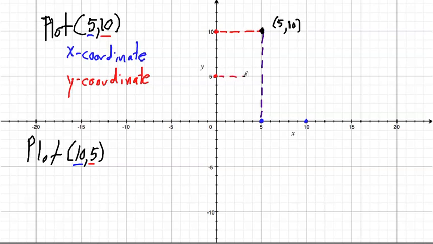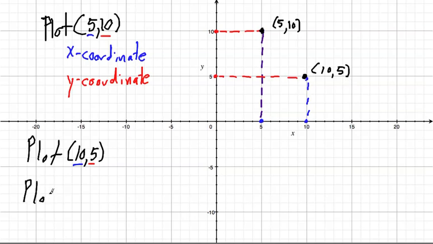We go across from 5 and up from 10, and that gives us this point right here, which is (10, 5). So the order I write them in matters. I get two different points. Let's do one more example.